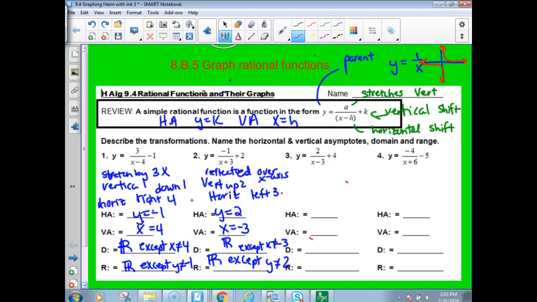Right. Oh, right here. Okay. If you're moving horizontally left 3, that means you're shifting a vertical line to the left, because the vertical asymptote is x equals 0 for the original parent graph.